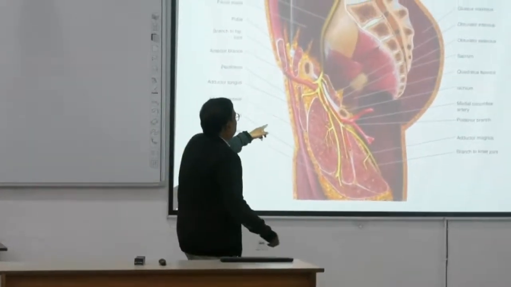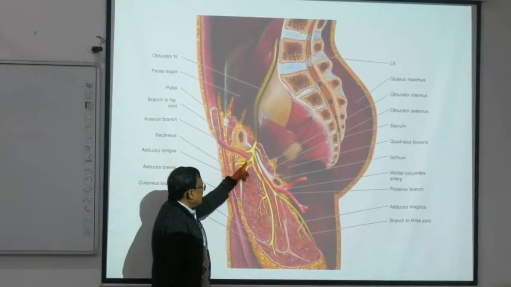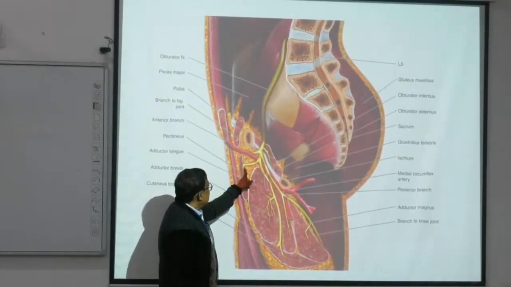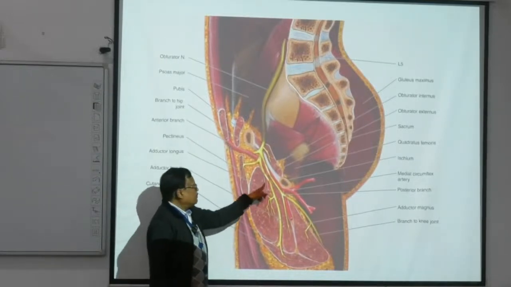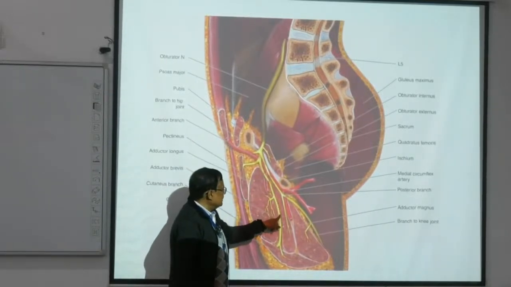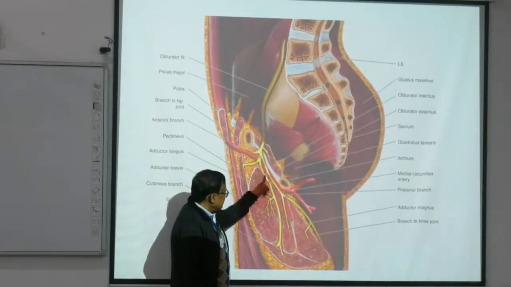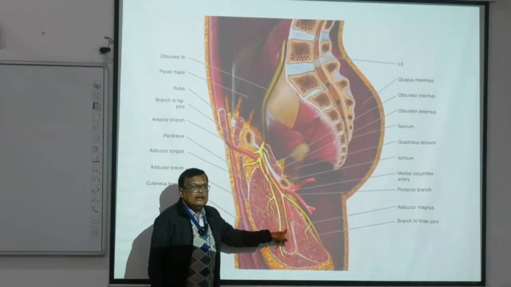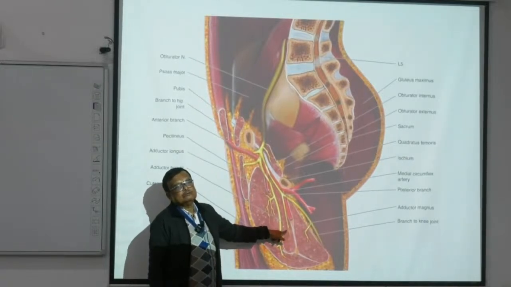obturator nerve comes here and divides into anterior division and a posterior division. Anterior division comes below the pectineus but superficial to the adductor longus, and posterior division passing between the adductor, bhul bollam, passing, and adductor brevis is the main key boundary between the anterior and posterior division.